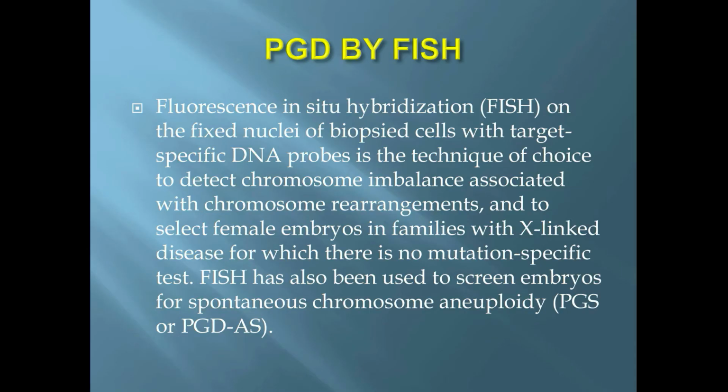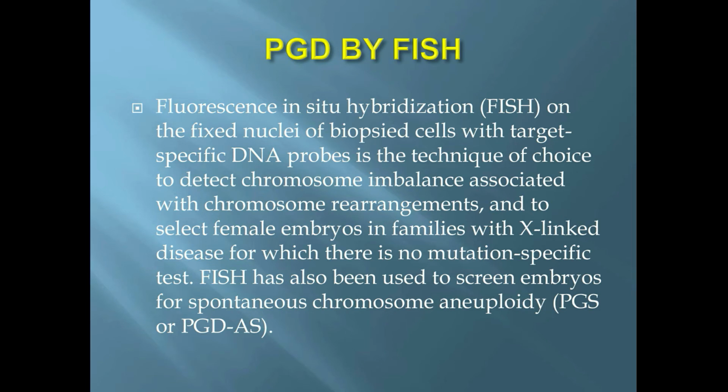The first type of PGD was accomplished by the application of fluorescent in situ hybridization, what we call the FISH technique. This is done by FISH applied on the fixed nuclei of biopsied cells, which target specific DNA probes.